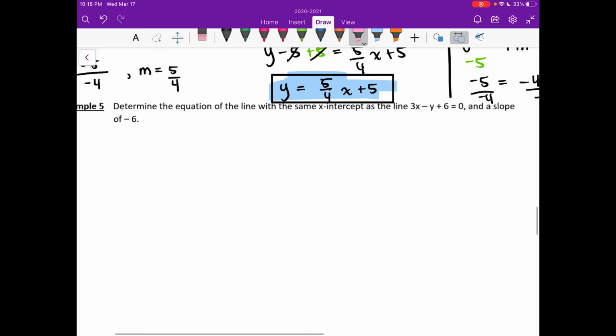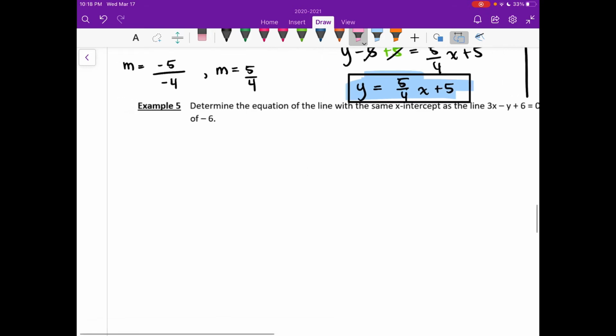All right. So we know that it has the same intercept as the line 3x minus y plus 6 equals 0 and a slope of -6. So in this situation, I know my m is equal to -6, right? And I know my intercept is going to be the same as that one.